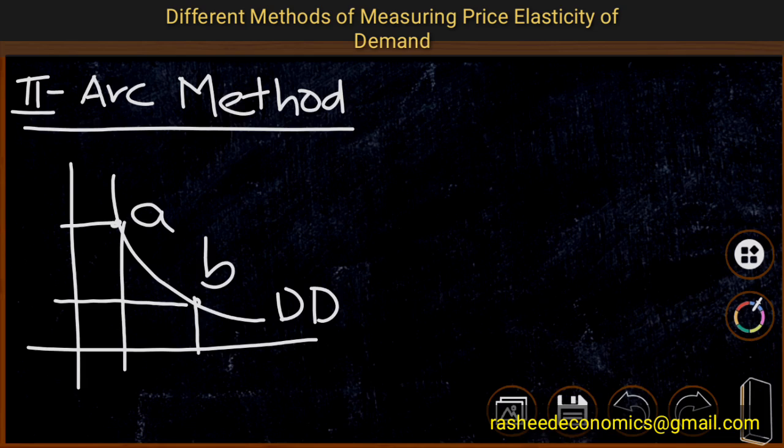Therefore, on a single demand curve, if we want to measure the elasticity of demand of a particular range on a demand curve, we can depend on the arc method. In this figure, to measure the elasticity of demand between the points A and B, we can use the arc method of measuring elasticity of demand.